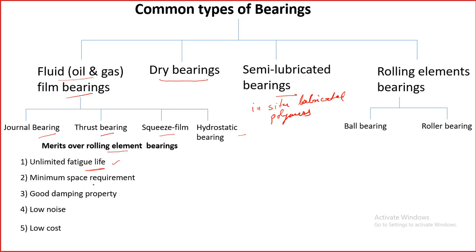Minimum space requirement. The space requirement is really very small, just based on the thickness of the lubricant you have. This is one of the good points of fluid film bearings. Good damping property. Damping is another property of the lubricant. Because of the presence of the fluid film, damping will operate.